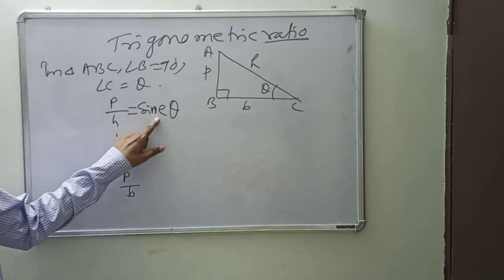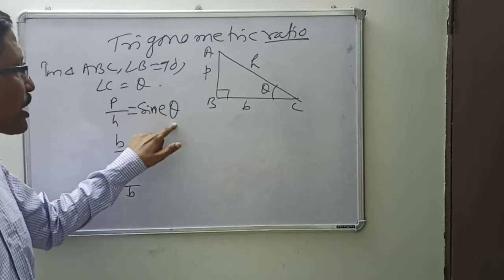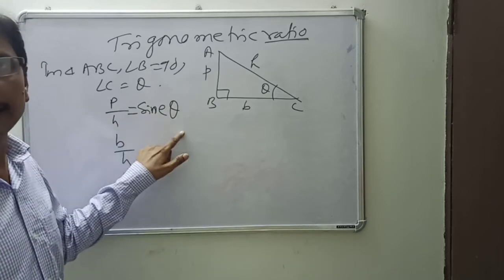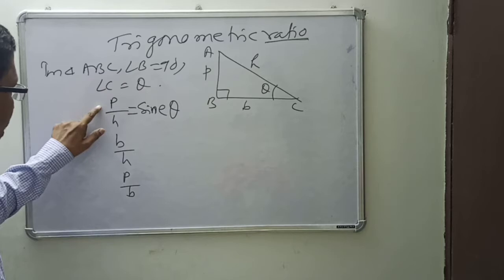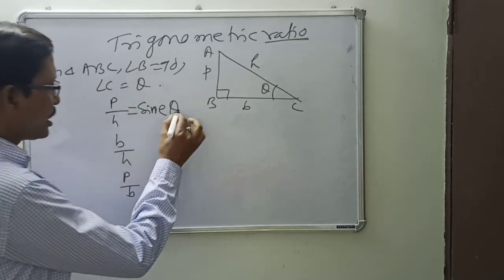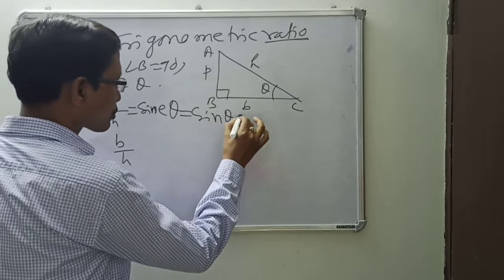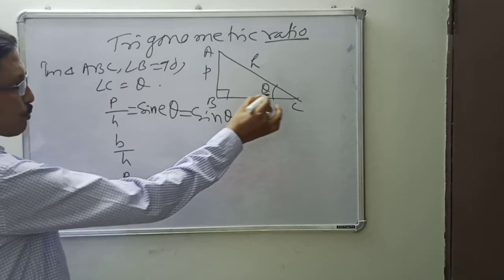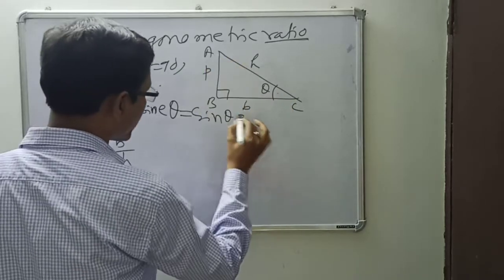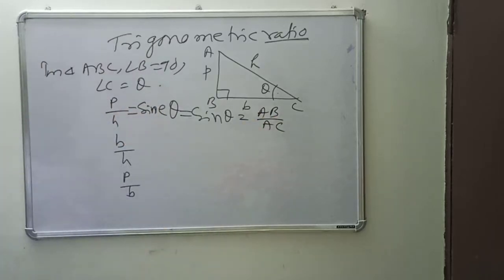Sine theta is the ratio of perpendicular and hypotenuse with respect to the angle theta. In short form we say sin. So sin theta equals P/H. For this figure, with respect to theta, P is AB and the hypotenuse is AC.